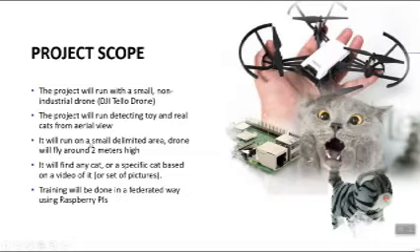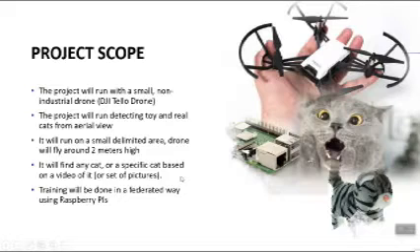Then it will run in a small delimited area. The drone will fly around 2 meters high, due to the limitations of the drone and the scope of the project, and the time for it was basically 2 weeks. So it's going to be in a small area, and not very high. It will find any cat or a specific cat based on a video feed or a set of pictures.